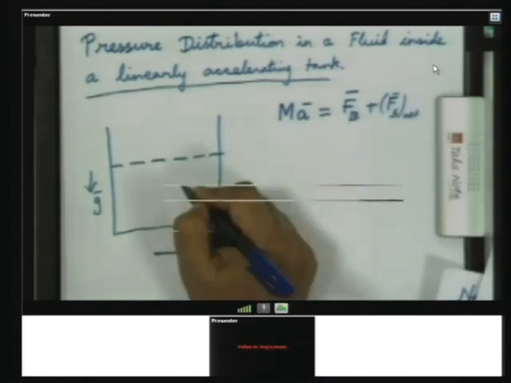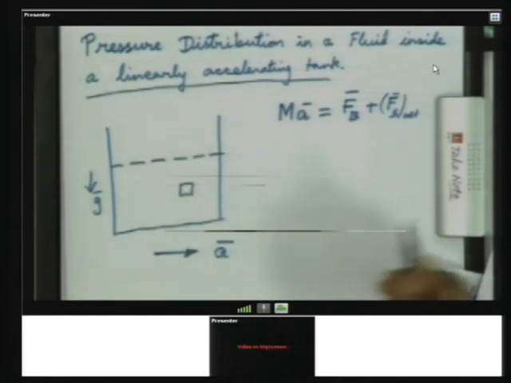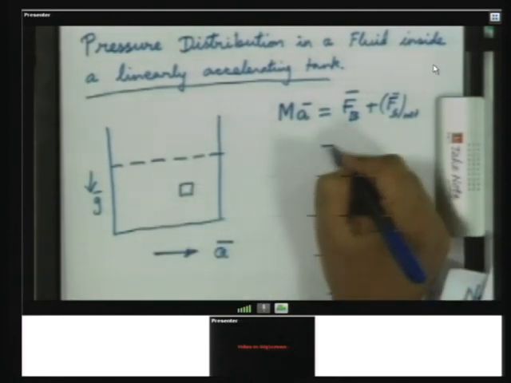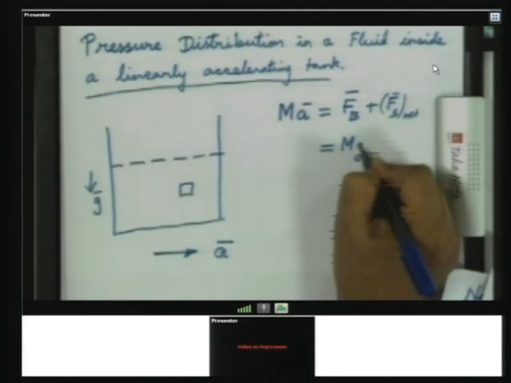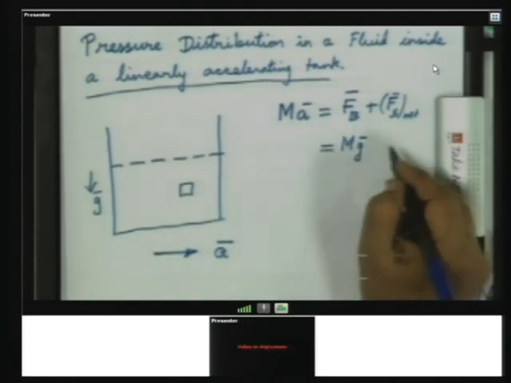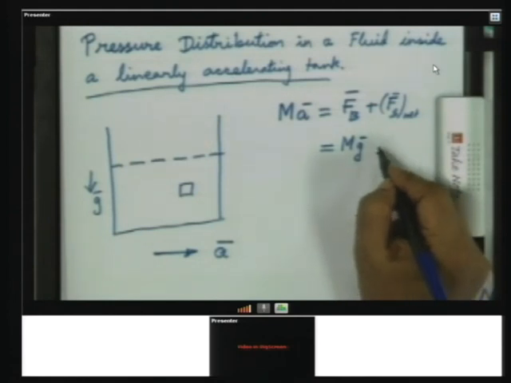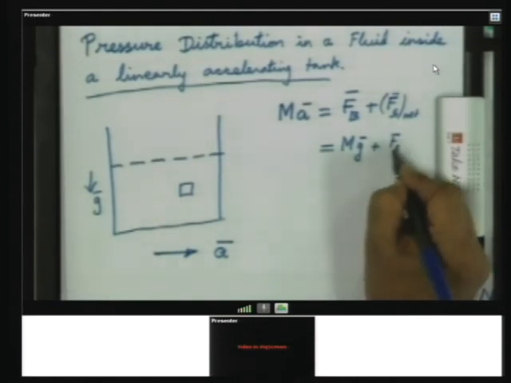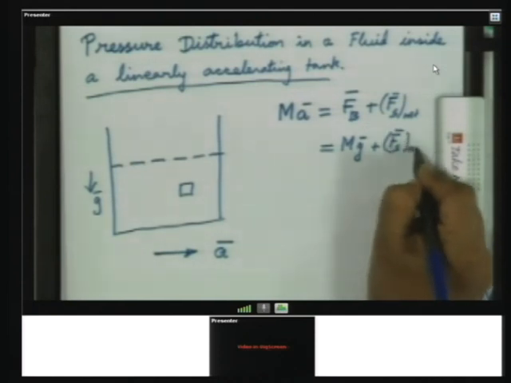So, we can take any element of fluid inside and apply this Newton's second law to this. Now, the body force is simply mg, and the net surface force we have found in the morning session, that is minus grad p times the volume. So, anyway, for the timing let me write it this way, Fs net.